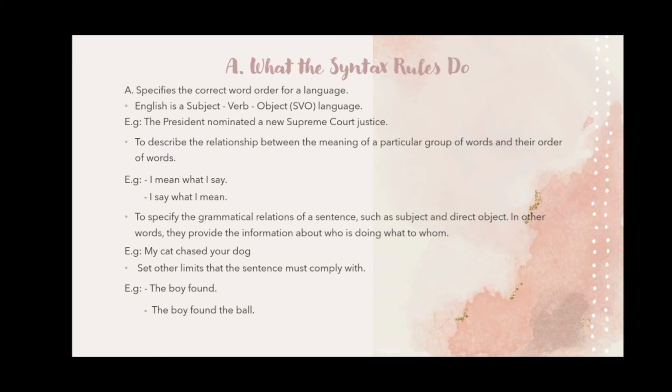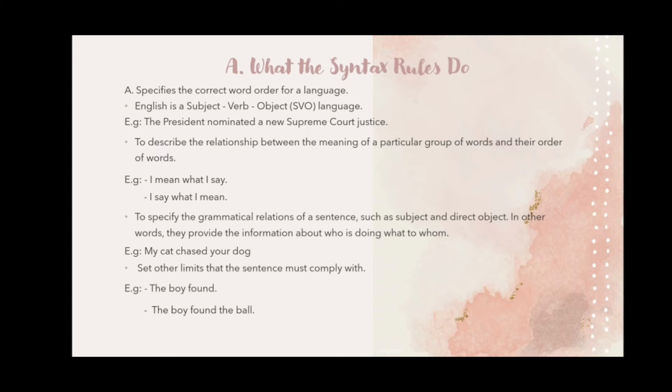For example, the president nominated a new Supreme Court justice. You can see the president is subject and nominated is a verb and a new Supreme Court justice is an object.